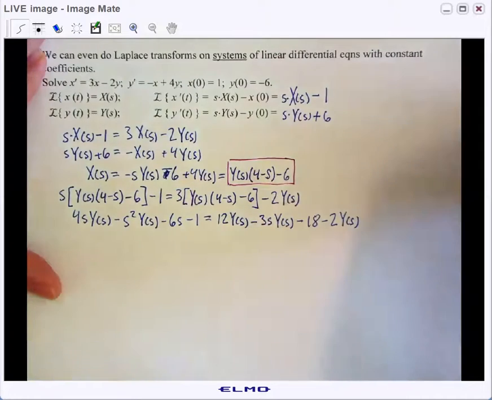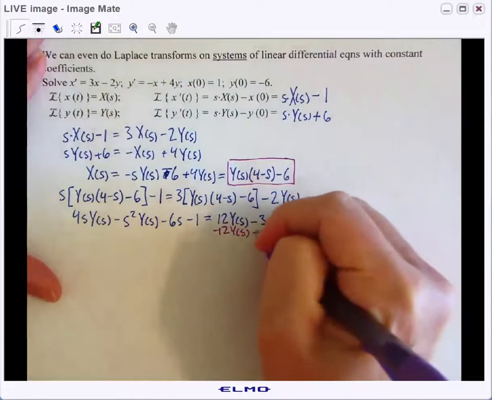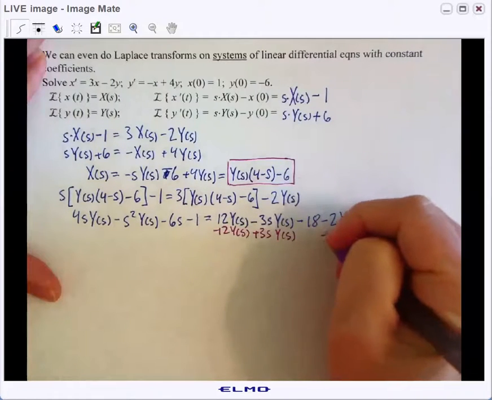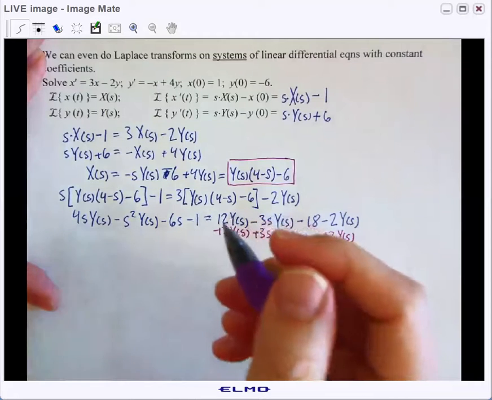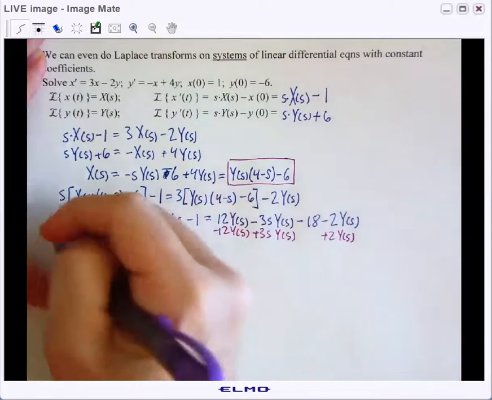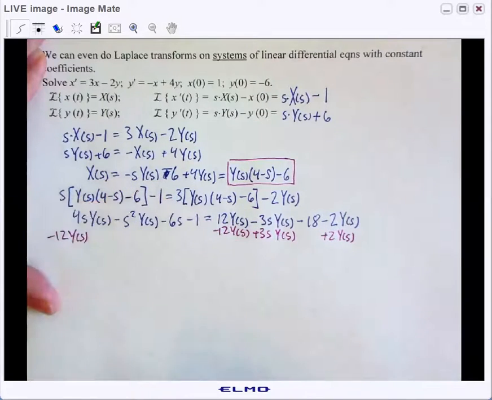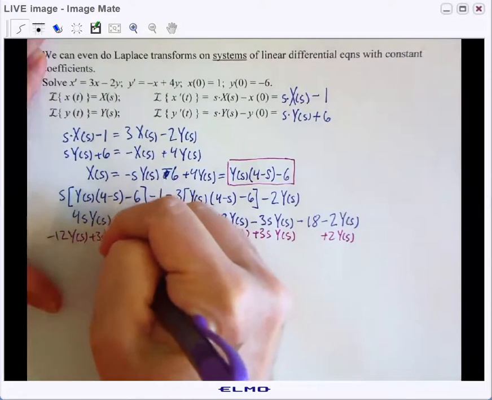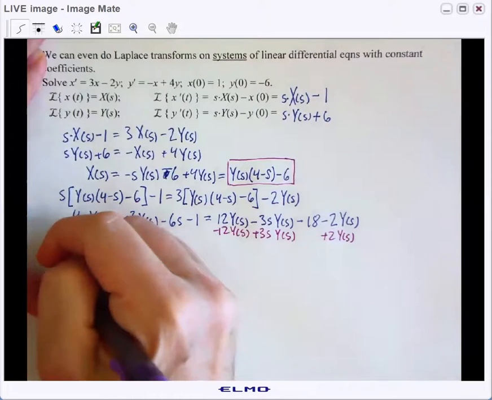So let's subtract 12 Y of s, add 3s Y of s, and add 2 Y of s while we're at it.